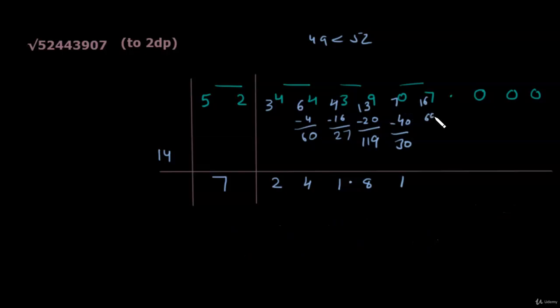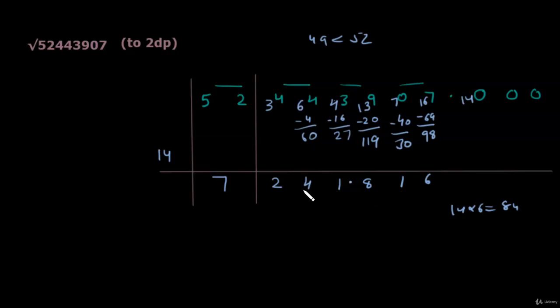So we have to subtract 69 from 167. This is 98. 14 times 6 is 84. 14 can divide 98 6 times, 84, and 14 is the remainder. From 140, we have to subtract the duplex of this number.